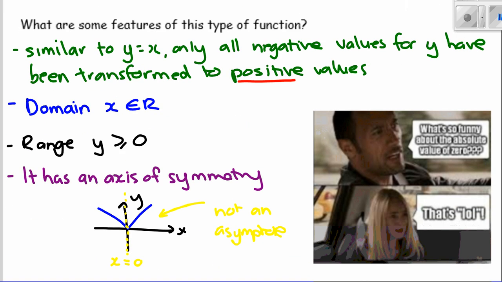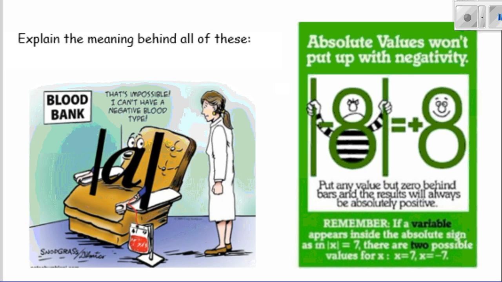Explain the meaning behind all of these. So we've got a little absolute value function. There it is, the absolute value of A, and it's at the blood bank, and it's kind of connected. It's giving blood. And what it's saying is, that's impossible, I can't have a negative blood type.